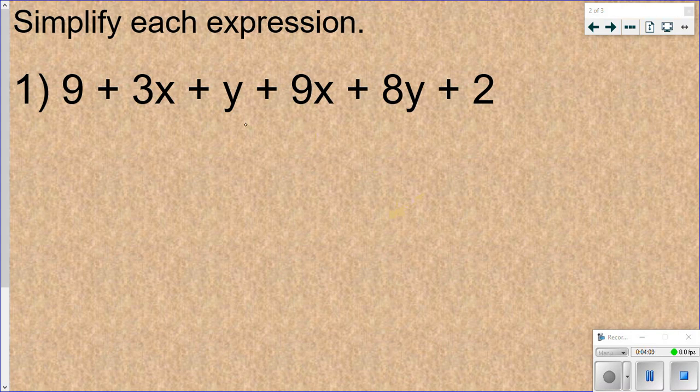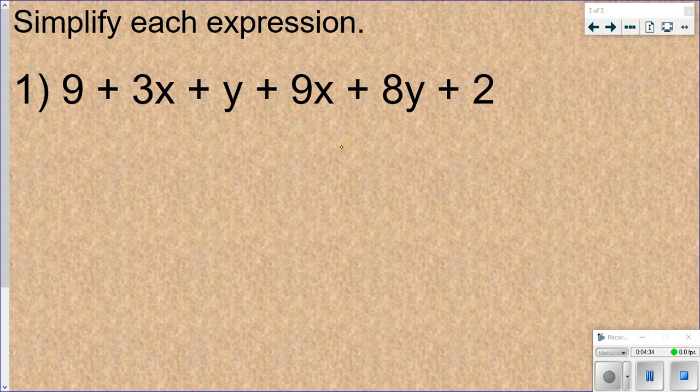All right, so in this expression, I have numbers, I have a variable x, and I have a variable y. Again, you could have any number of variables. In this example, I only have 2, x and y. You could have x, y, z, a, b, c. But again, the key is you can only combine the ones together that are the same.